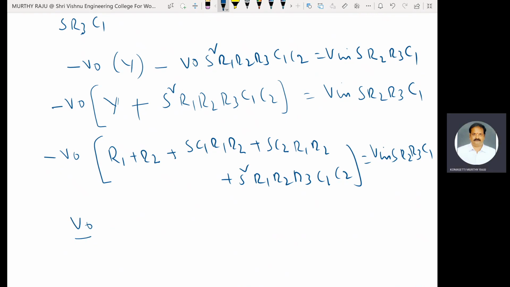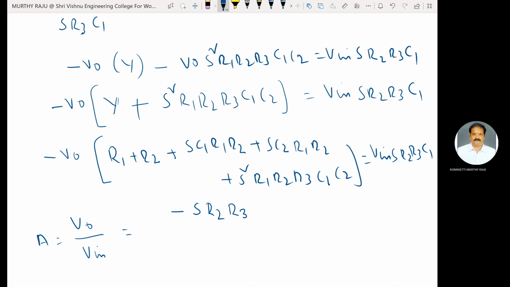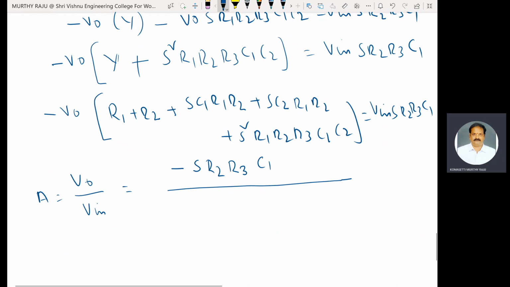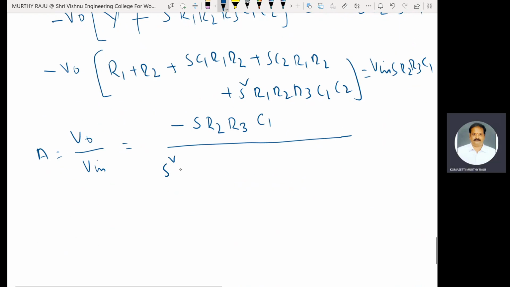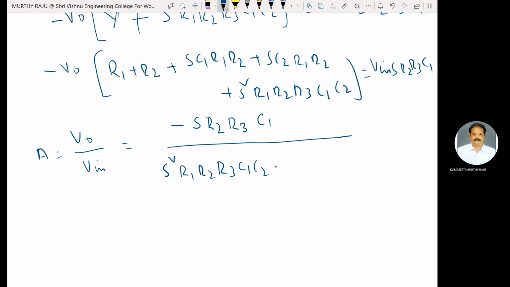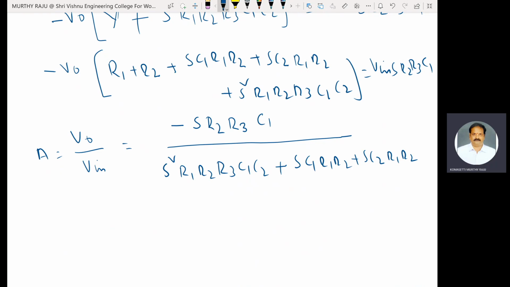Find V naught by V in, that is the gain of the filter: minus S R2 R3 C1 by S square R1 R2 R3 C1 C2 plus SC1 R1 R2 plus SC2 R1 R2 plus R1 plus R2.